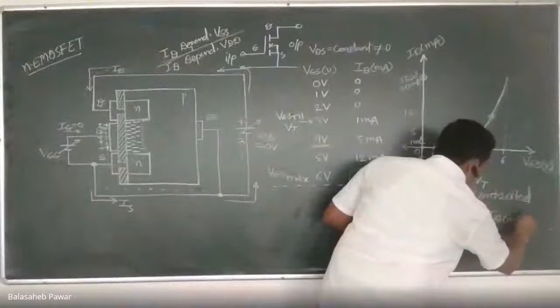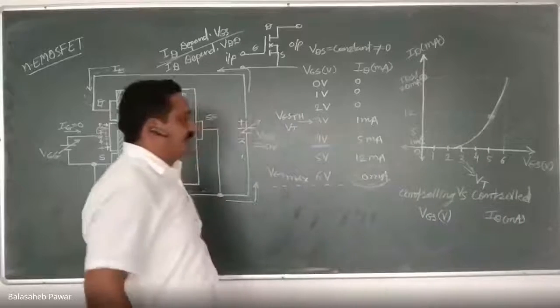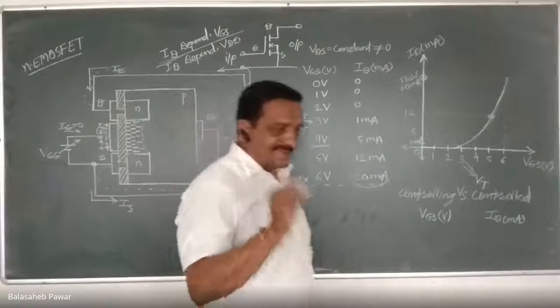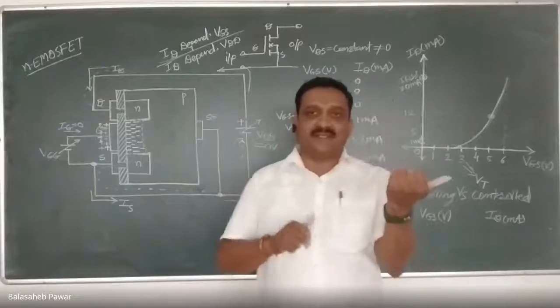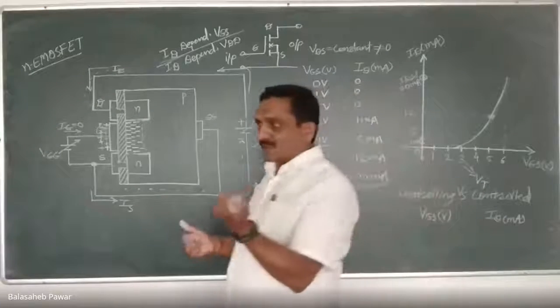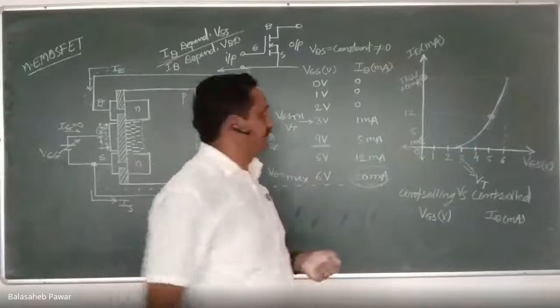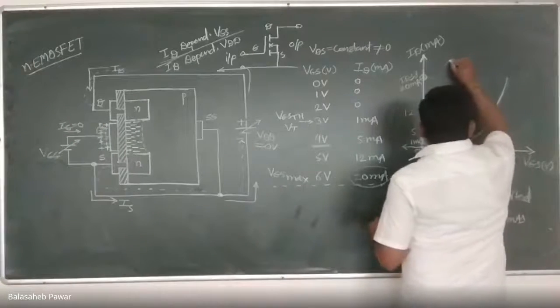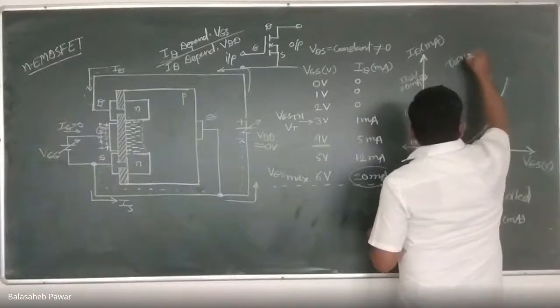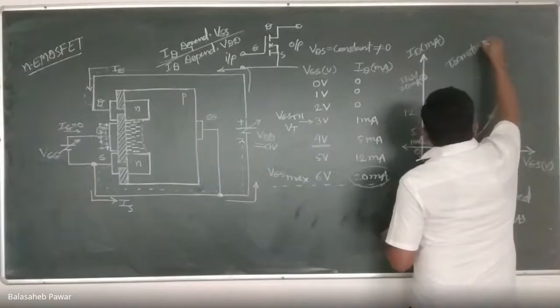Is it clear? So remember, such a characteristic between controlling and controlled, input controlling and output controlled, is known as transfer characteristic. So this characteristic of MOSFET is known as transfer characteristic.